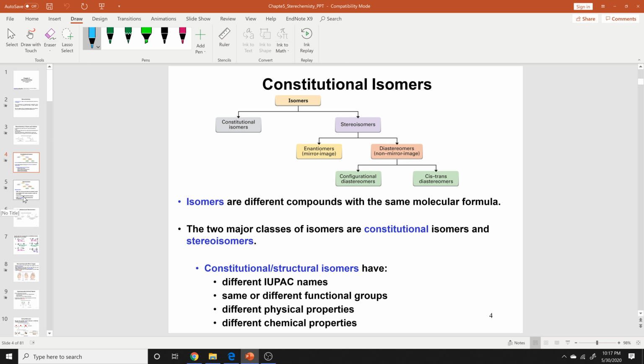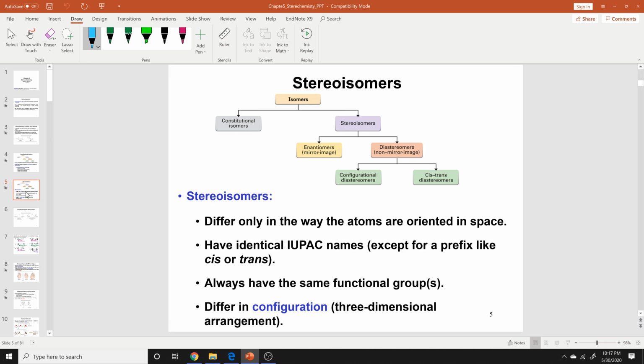Now, with respect to stereoisomers, stereoisomers differ in the way that the atoms are oriented in space. So basically, you're studying the orientation of the molecule in space, the rotation. When we say orientation, we mean the rotation of the molecule in space. They still have the same molecular formula. So constitutional isomers and stereoisomers have the same molecular formula, and this is the definition of isomers.